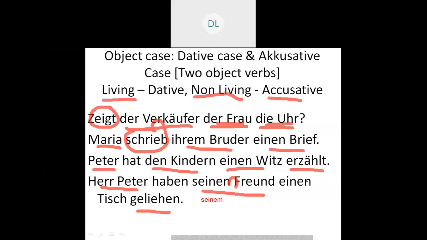Einen Tisch, again your object, but this object is non-living, so I am using accusative.